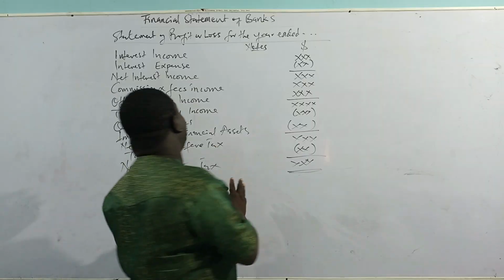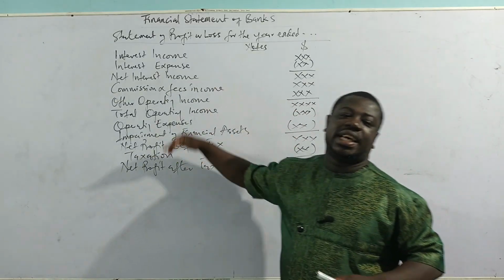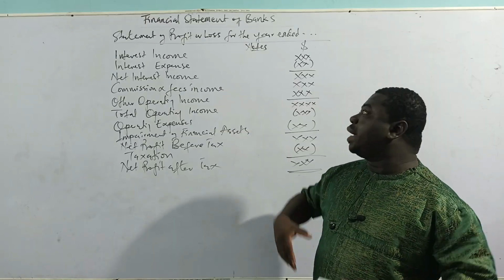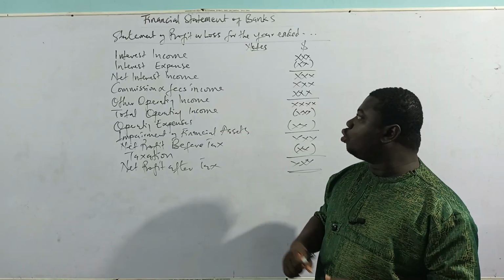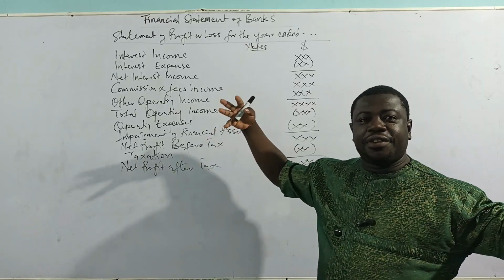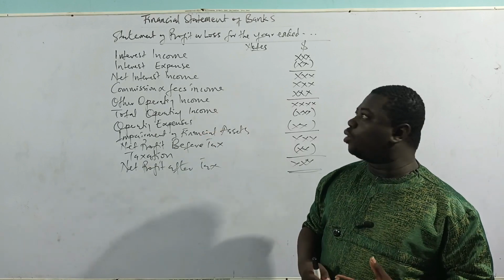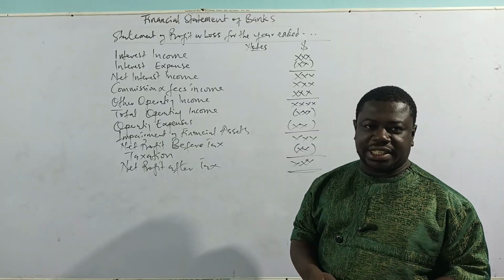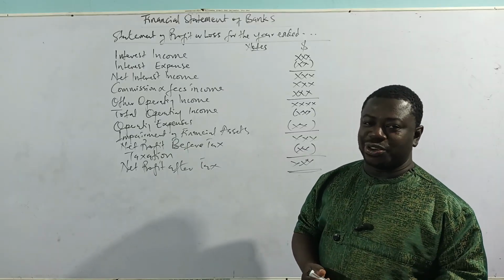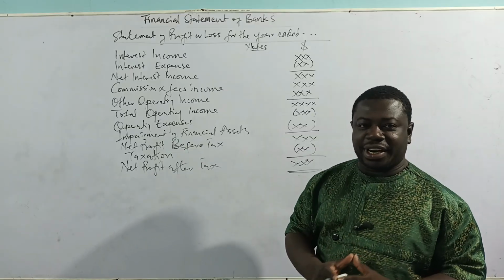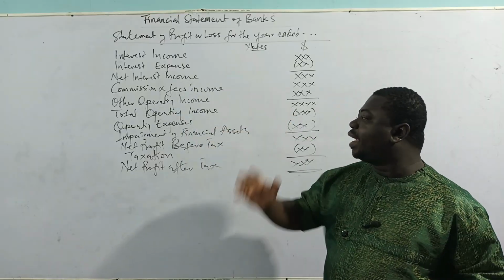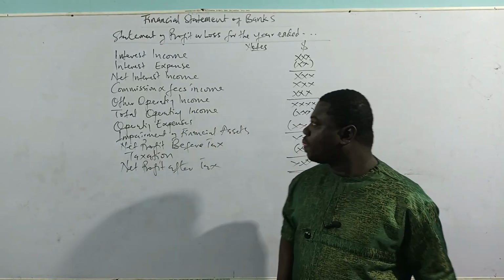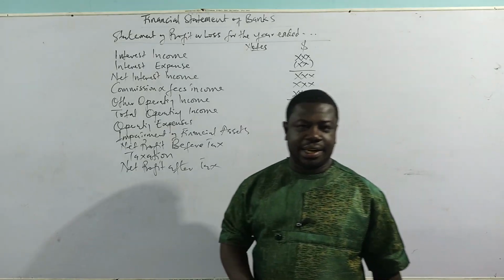This is a very simplified format, but all these adjustments or details will be in the notes to the financial statement. And remember that banks are groups now. So going forward, we will look at the consolidated financial statement of banks as well. But you need to understand the separate financial statement before you even think about consolidation. So we are looking at the separate financial statement, and this is how to prepare a typical profit or loss statement for a bank. And I am sure that this is very understandable.